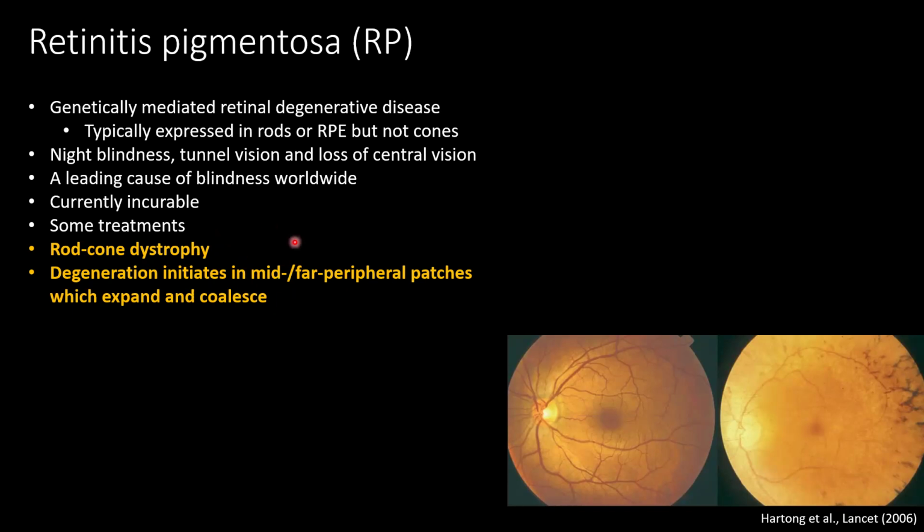And so I'm going to be using mathematical modelling here to try and explore the mechanisms that underpin the secondary cone loss and the patterns of degeneration you see. Perhaps I should have said the question here is that the rods express the mutation, so you'd expect them to degenerate. But then why is it that the cones would degenerate afterwards if they don't express the mutant gene? So there's some sort of dependence, direct or indirect, of the cones upon the rods.